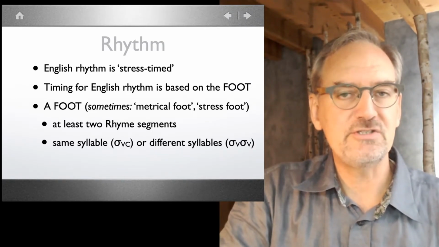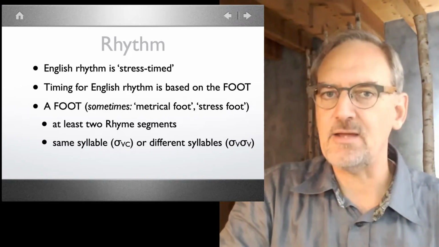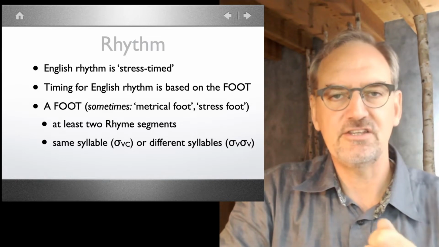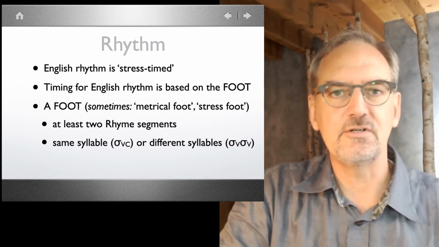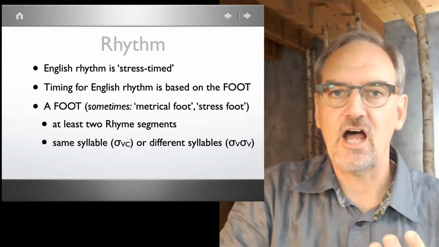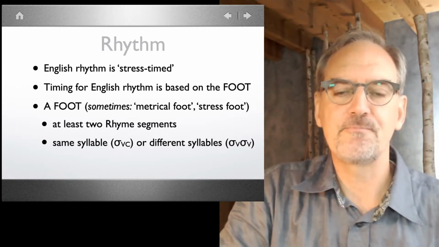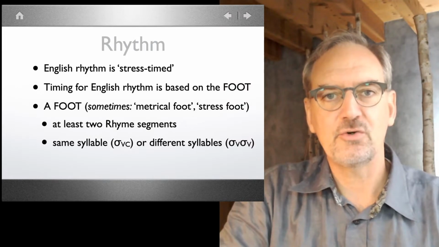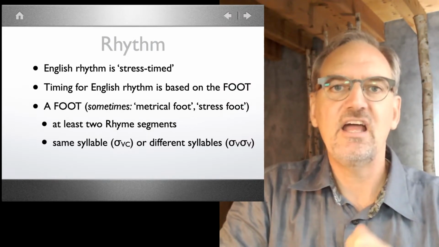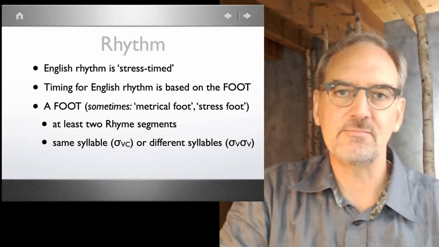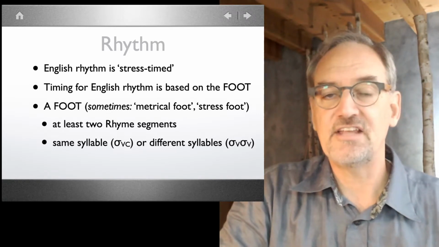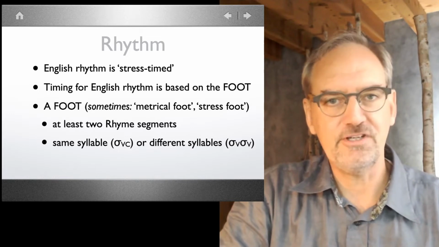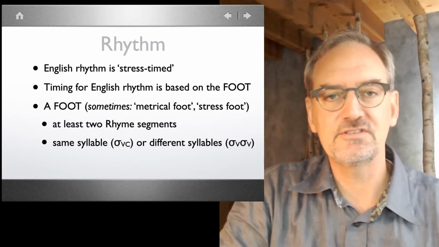Now, those could be two segments that belong to the same syllable, so a vowel and a consonant in the nucleus and the rhyme of one syllable, that could form a one-syllable foot. But it's also possible for there to be one segment in the rhyme of one syllable and one segment in the rhyme of a following syllable, and then those two syllables form a bisyllabic foot, a foot with two syllables.